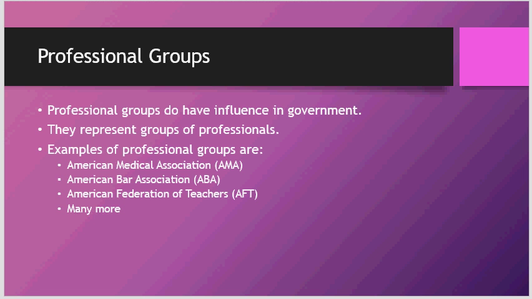Some of those professional groups are the American Medical Association, the American Bar Association, which is not a group for bartenders, that is for lawyers, and the American Federation of Teachers. There are many, many more, but I decided to stop at three so you wouldn't have pages upon pages of abbreviations of these groups.